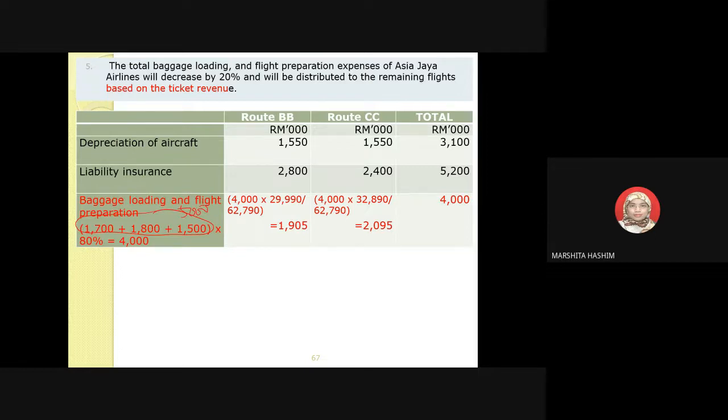You minus 20%, all 5000 just multiply by 80%. Then you will get 4000.